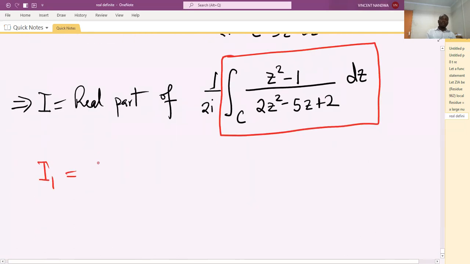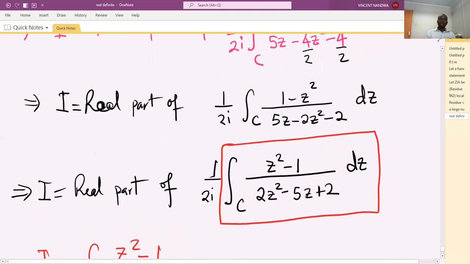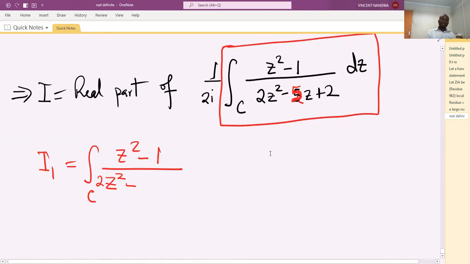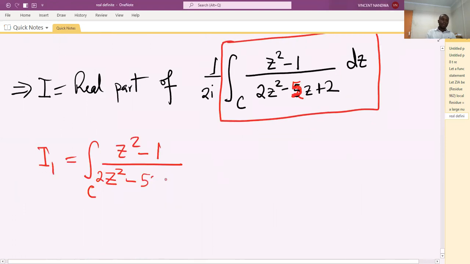So I1 is given by integral along C, z squared minus 1 over 2z squared minus 5z plus 2 dz.